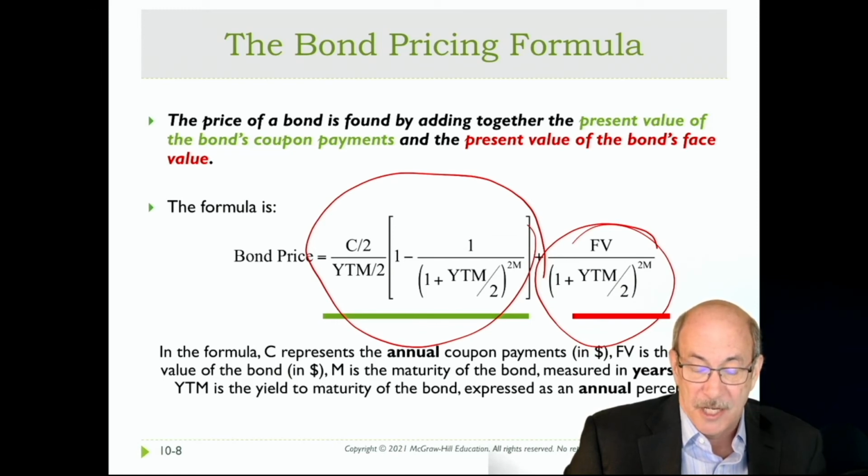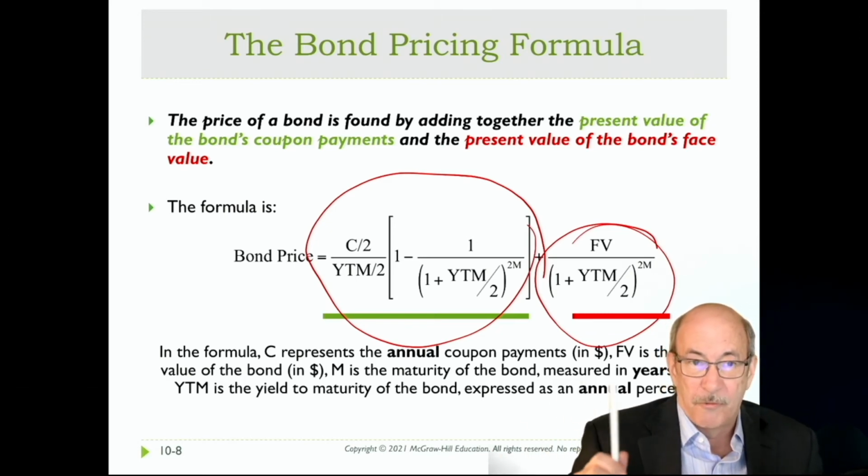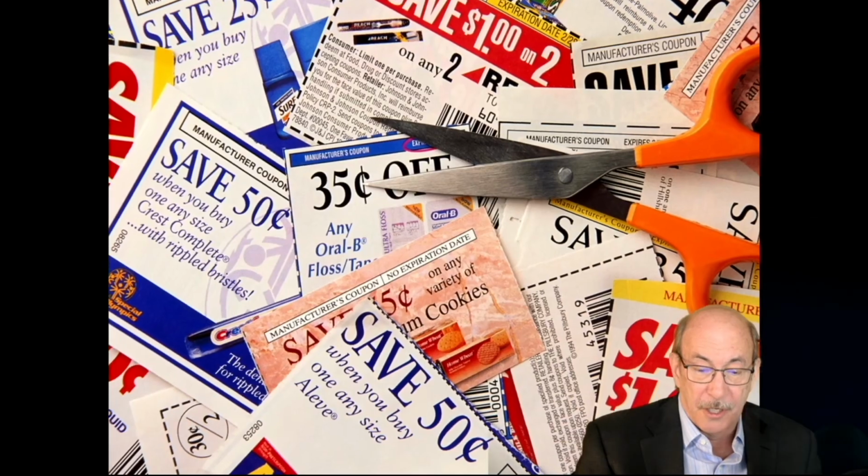So that's the face value that we're getting back. And again, we're discounting it back M times 2 periods. So if in the example that we're looking at in the spreadsheet, that had been a semi-annual bond with a maturity date of 10 years, we would discount that back 20 periods, 6-month periods. Otherwise, it's pretty much a plug and chug.